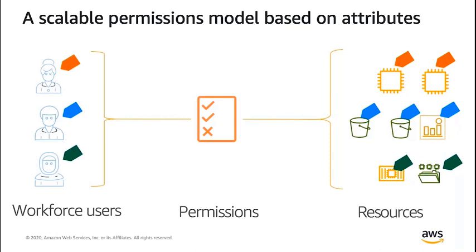You can tag resources, you can tag IAM users and roles, and now you can also carry attributes over from your identity provider through the SAML assertion, and then use them to check permissions. Okay, so how is that making it easier to scale? If, for example, I want to move someone from one project to another, all I have to do is change the attribute in the corporate directory without any changes in AWS.